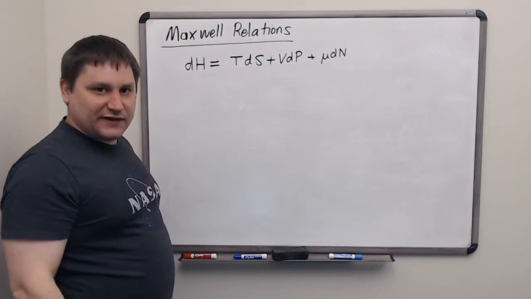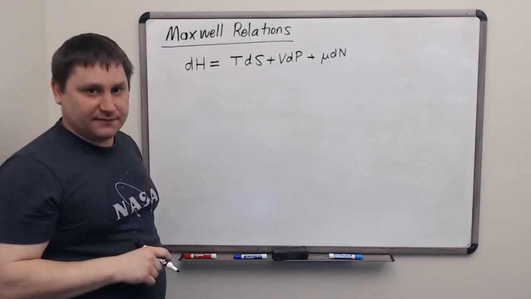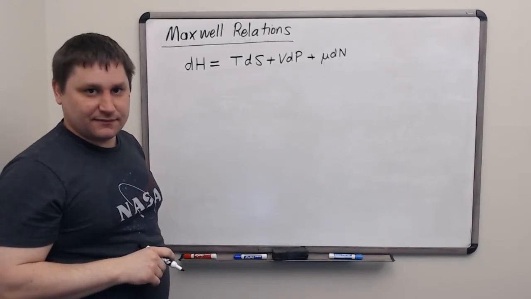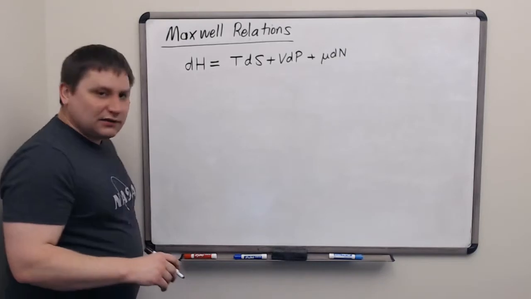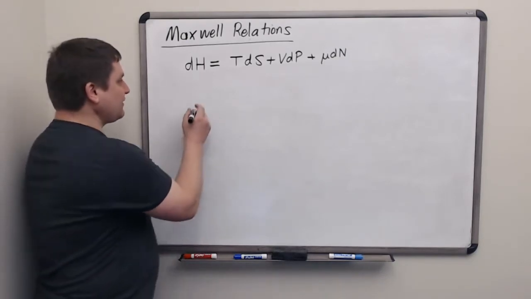Take a moment, pause the video, see if you can figure out one Maxwell relationship for enthalpy. Okay, let's write down the first one by being very explicit, following the method of a second derivative.